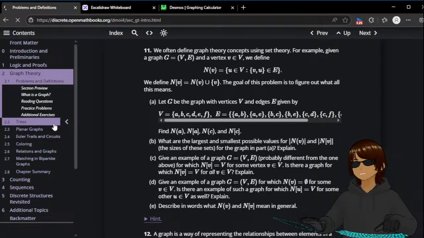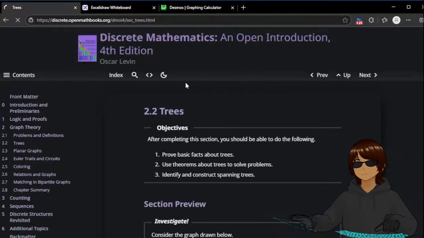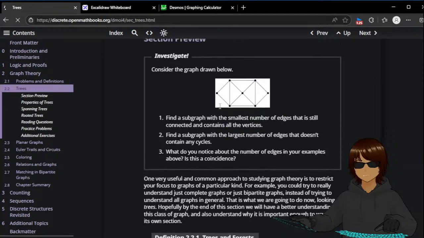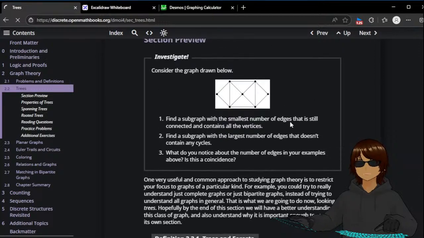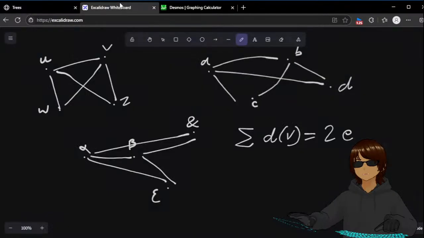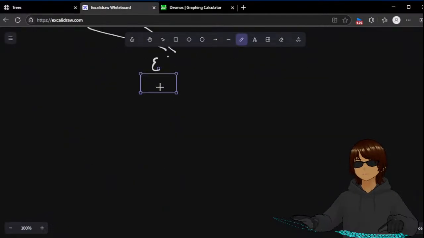Yeah, let's just go to trees. Find a subgraph with the smallest number of edges that is still connected and contains all the vertices. Can I copy the image? Oh no, I can't. But I can redraw it.